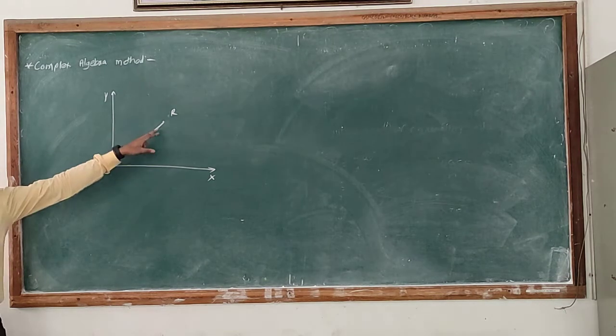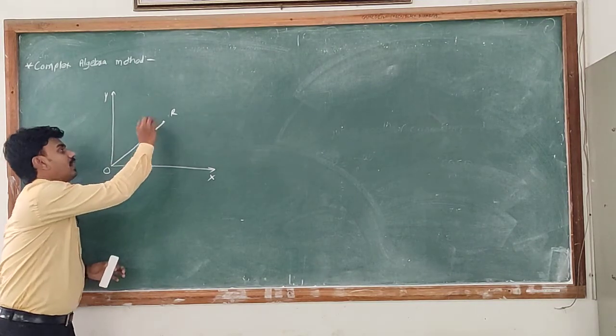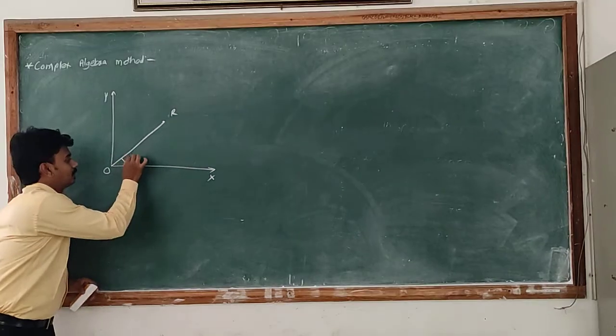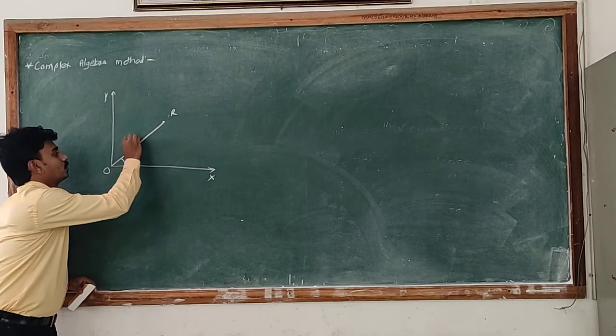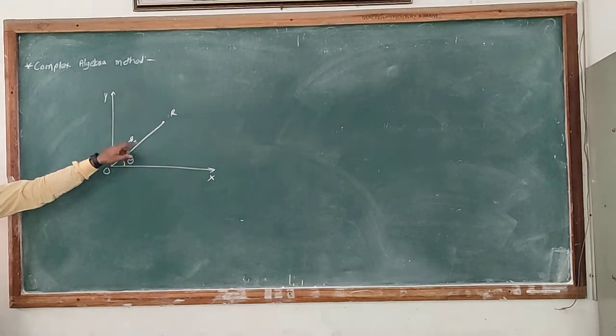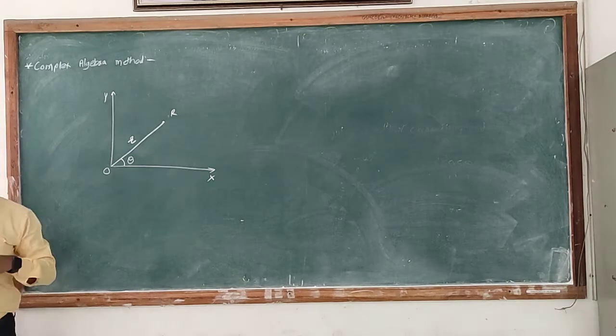Then to know the exact location of this point R, I require two quantities: the magnitude R and the angle theta. The magnitude of this point is R and its direction is theta.